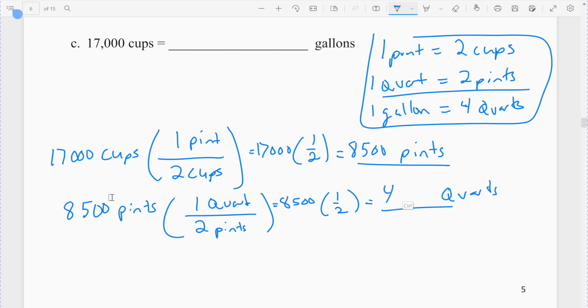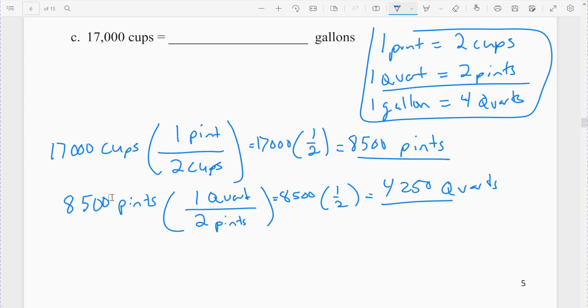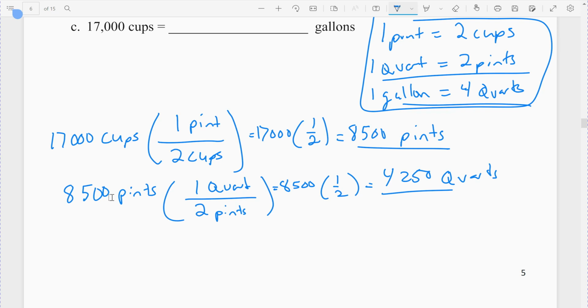So that's 4,250 quarts, which is still not what I want. I want to get to gallons. And so I use the last conversion. So right now I have my 4,250 quarts. I need to multiply by my conversion between gallons and quarts. So I've got quarts I want to put in the bottom because that's what I want to get rid of.